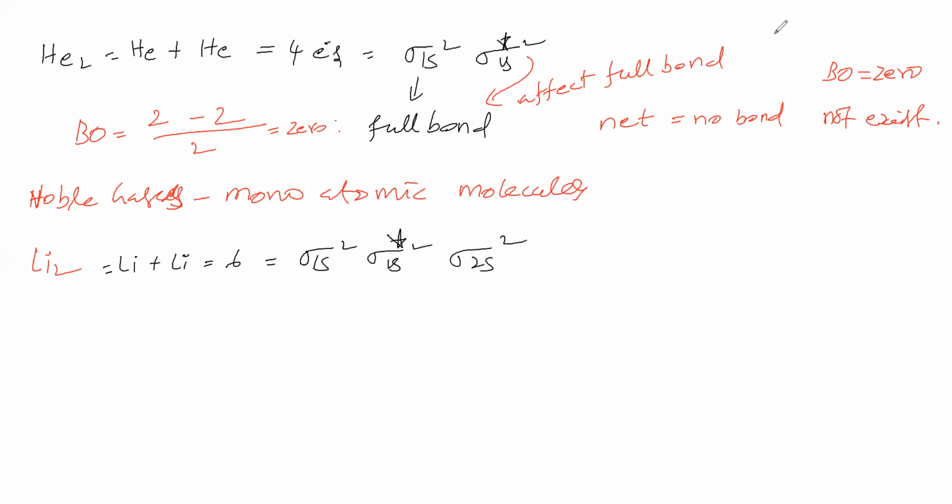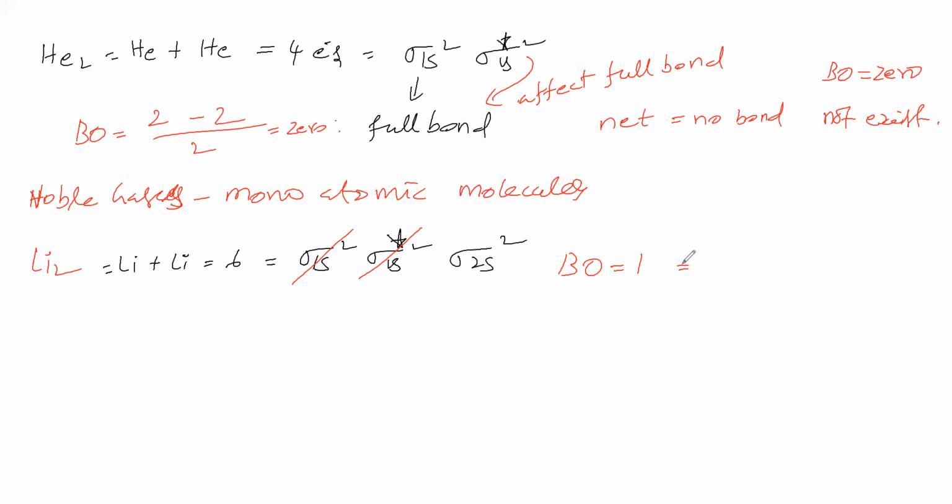Now we can say this forms a full bond, and this will affect that bond completely. So it is forming a bond, and that bond is completely affected by this. Therefore these two cancel with each other. What is the result? This one is forming a full bond, therefore the bond order is 1.